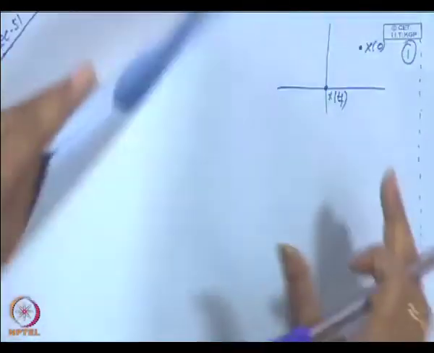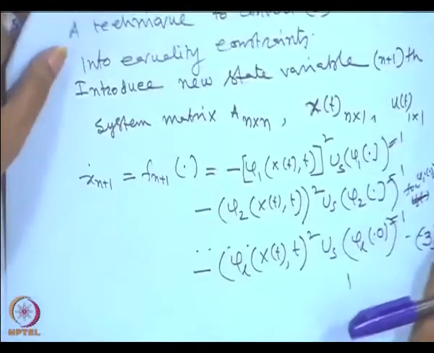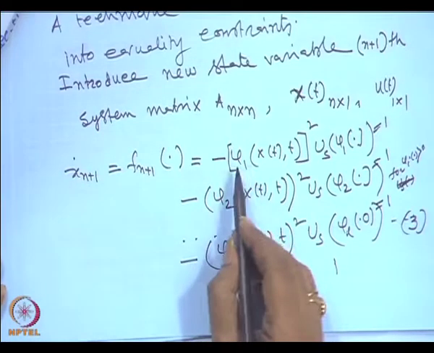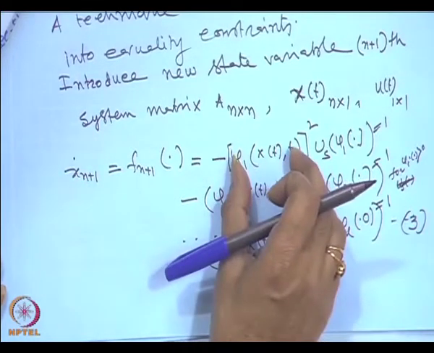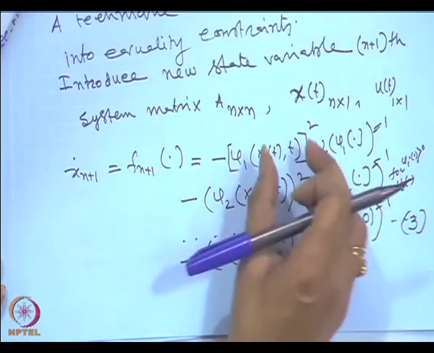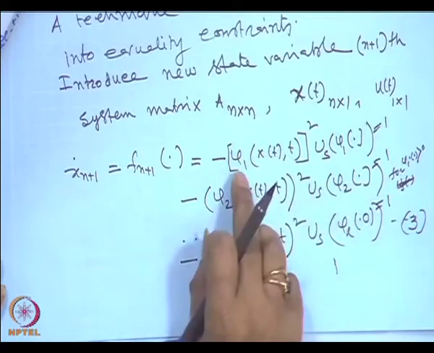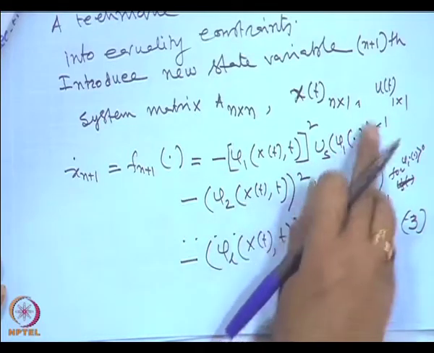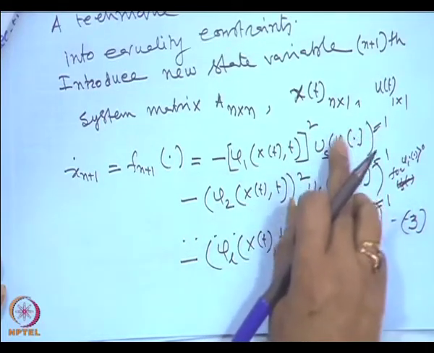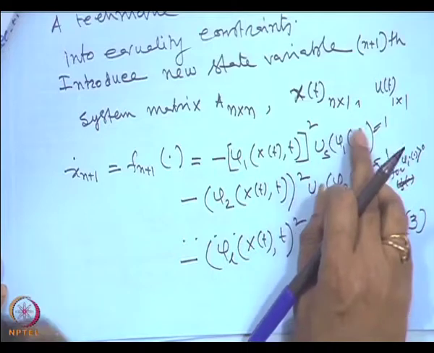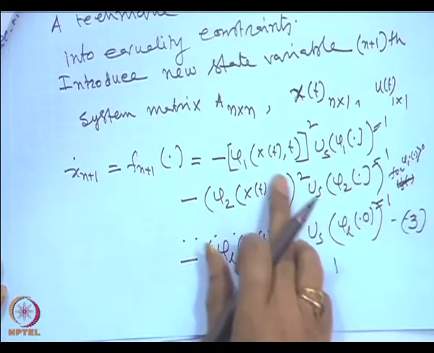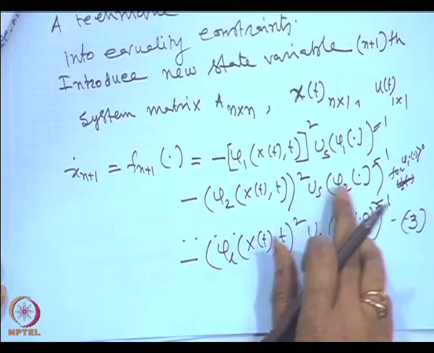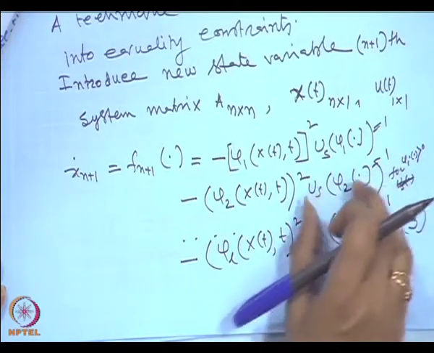We introduce that x n plus 1 dot is equal to the first constraint squared multiplied by u s, where u s is a strictly unit step function. Similarly, the second constraint squared is multiplied by another strictly unit step function.